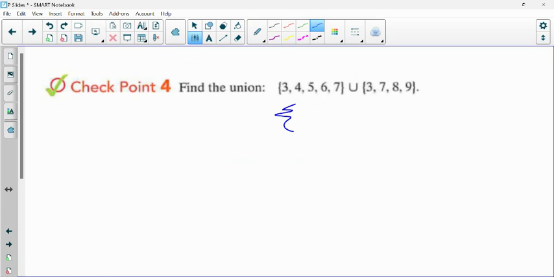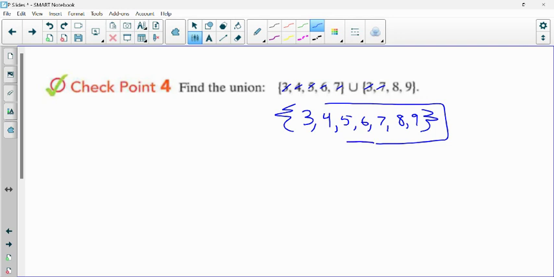So I have a 3 in both, but I'm only going to write it once. I have a 4, a 5, a 6, and I have a 7 in both, but again, I'm only writing it once. I already wrote the 3, I already wrote the 7. 8 and 9. All right, so that's how the union works. So, intersect is and, has to be in both of them for it to work. Union is or. As long as it's in one of them, it works.